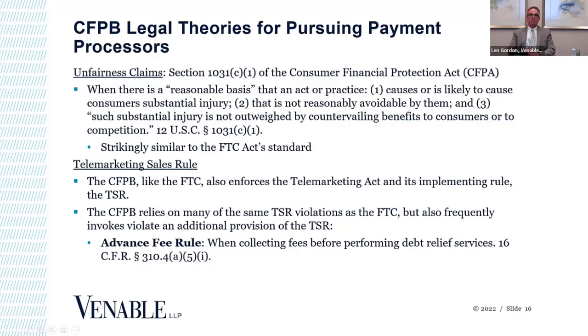The CFPB can also use advanced fee prohibitions, debt relief, and some other services as well. So the CFPB has a really robust toolbox, and it is using it. They've been bringing cases, as Mary will talk about in a second, all over the place, and payment processors clearly are one of the targets that they're considering. Let me turn it back to Mary.